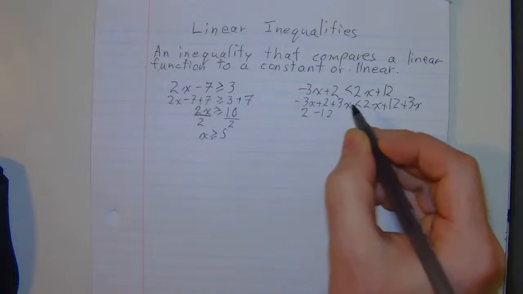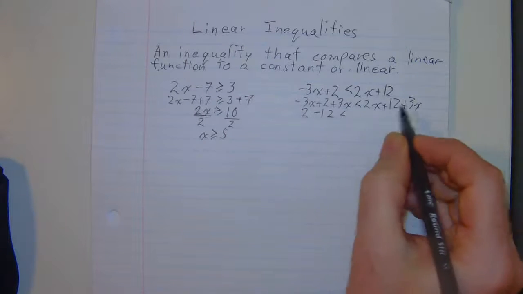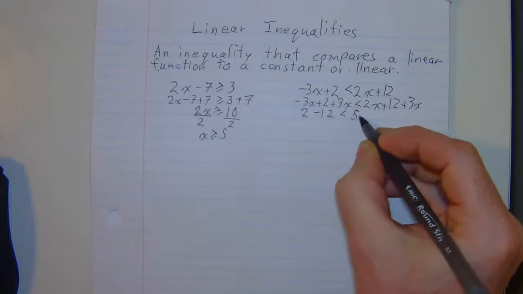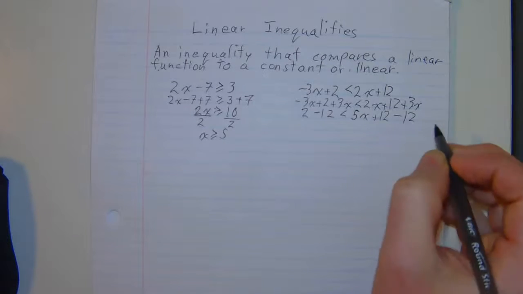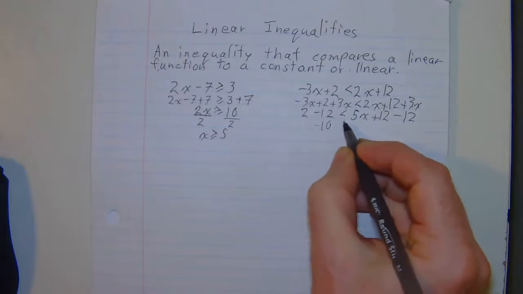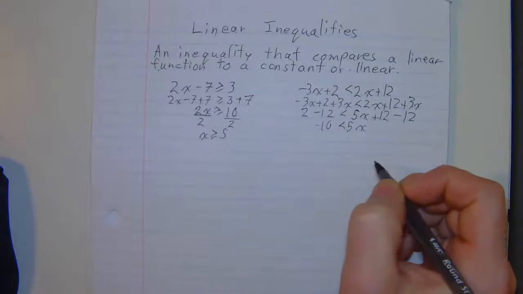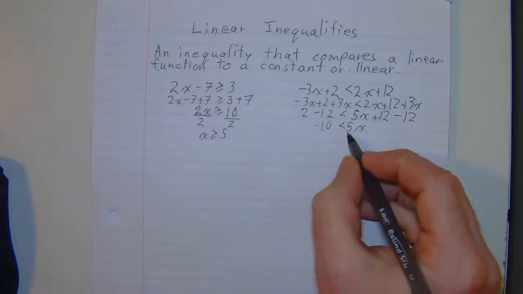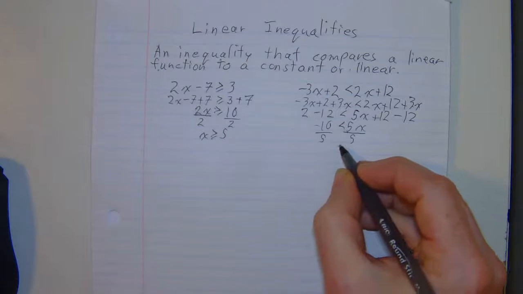So negative 3x plus 3x is 0. 2 is all that's left. Going to subtract 12 on both sides now. 2x plus 3x is 5x, plus 12 stays, and we have to subtract 12 on this side as well. So 2 minus 12 is negative 10, less than 5x. 12 minus 12 is 0. There we go. And now we can divide by 5, divide by 5.